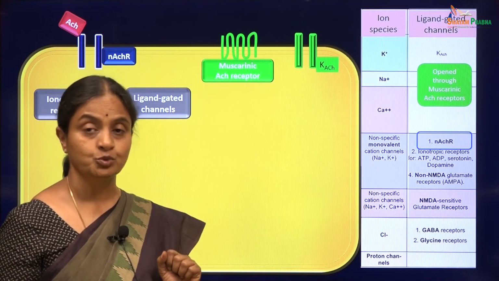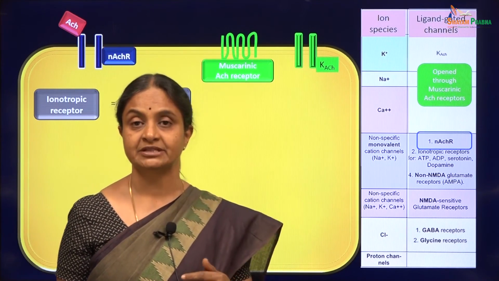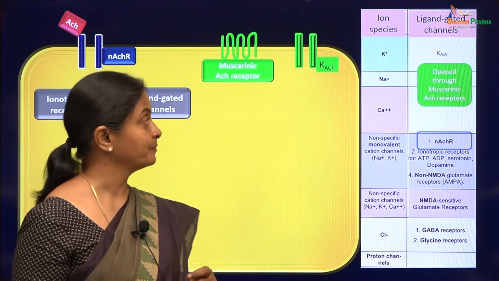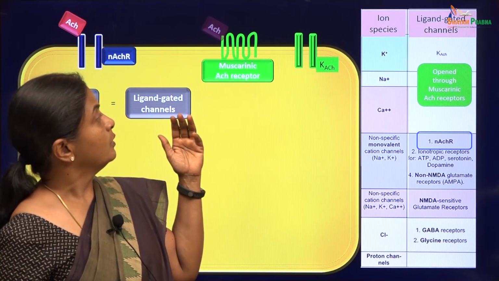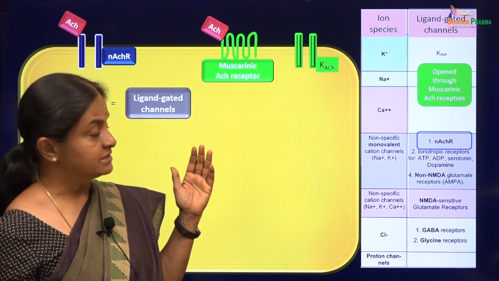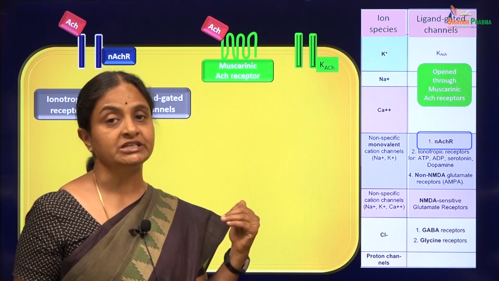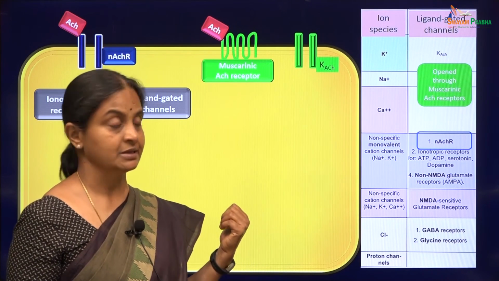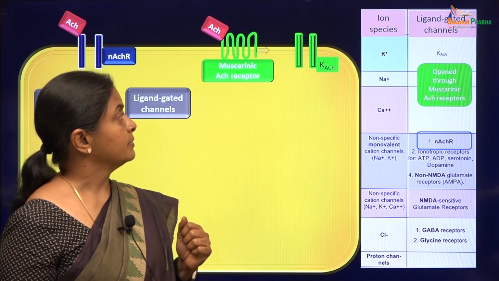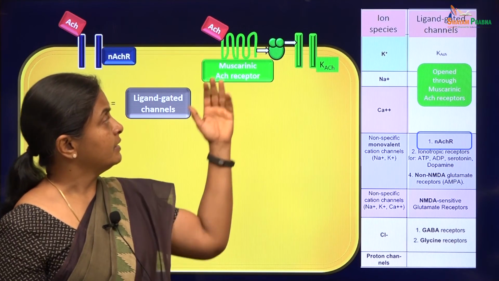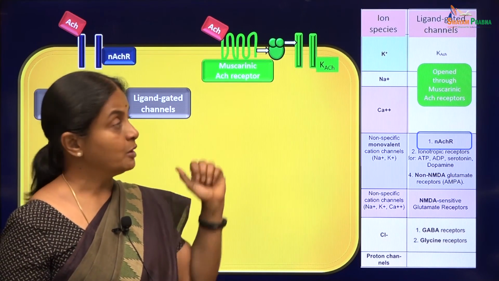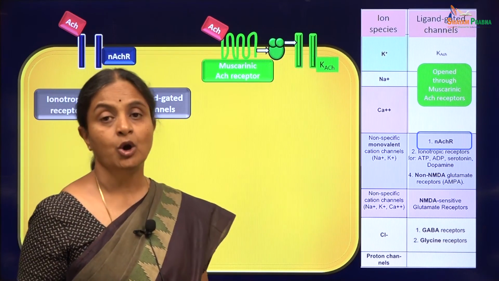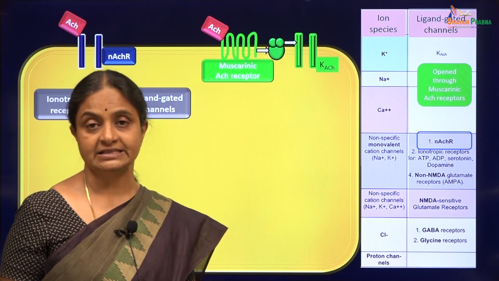Instead, it binds to what are called muscarinic receptors on the pacemaker cell. The muscarinic receptors are actually G protein coupled receptors. We know about G protein coupled receptors. Therefore, they activate a G protein which in turn opens the KACH channel.